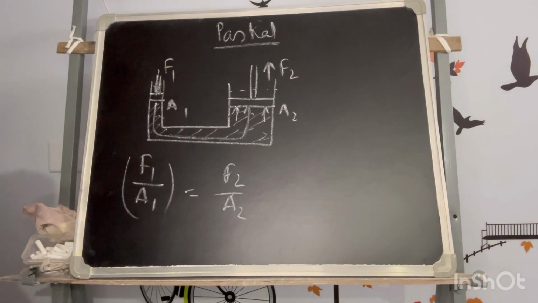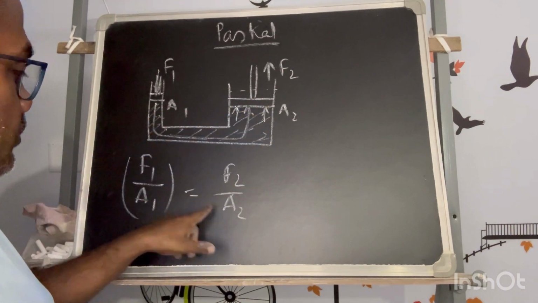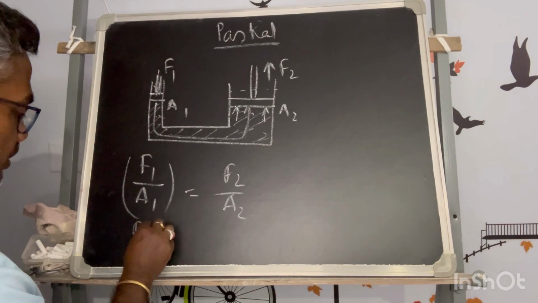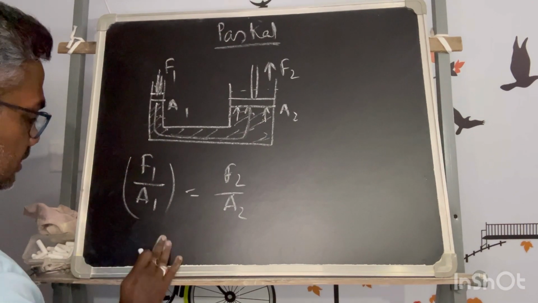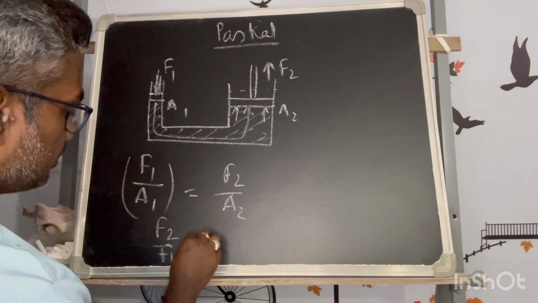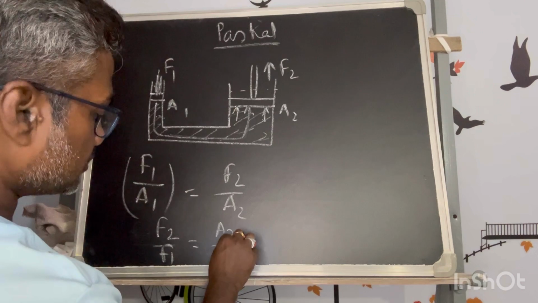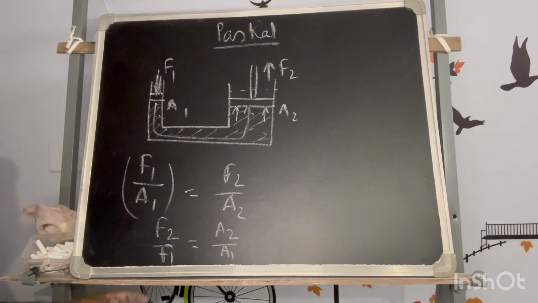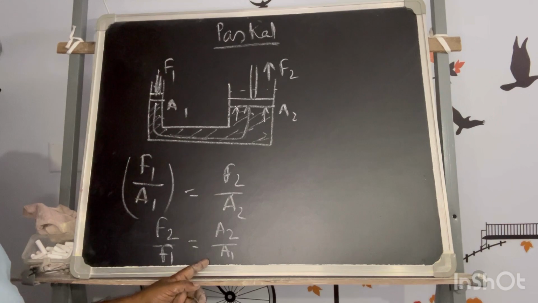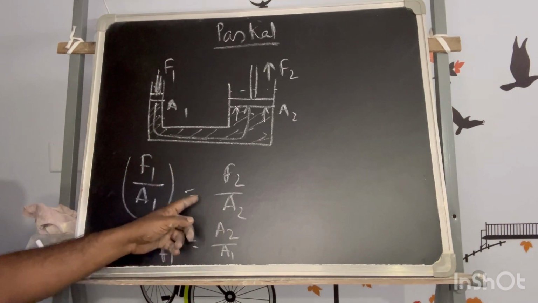By seeing the diagram you know A2 is much more than A1. The respective forces will be in the same ratio as the areas, so F2 by F1 is A2 by A1.